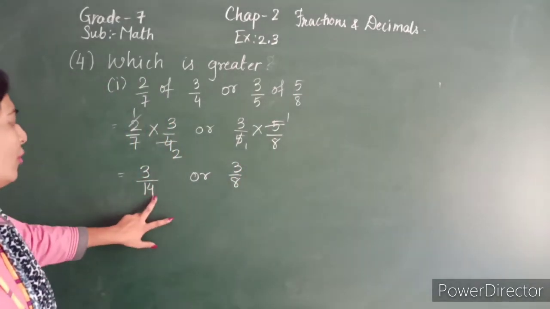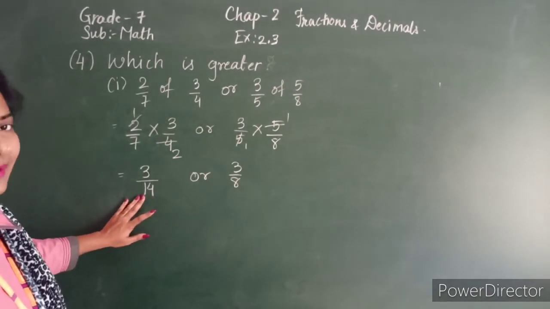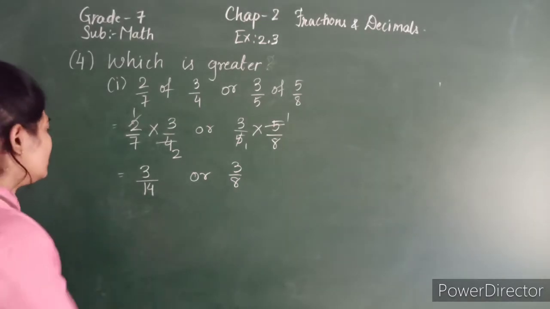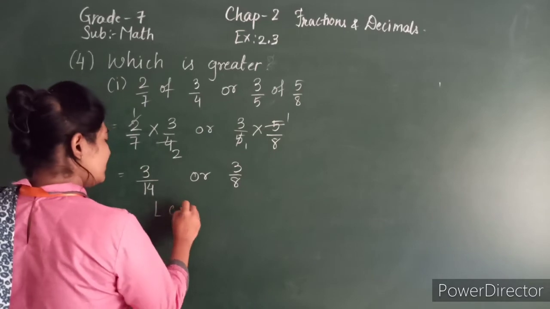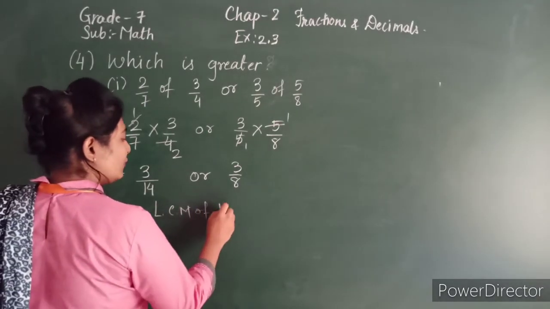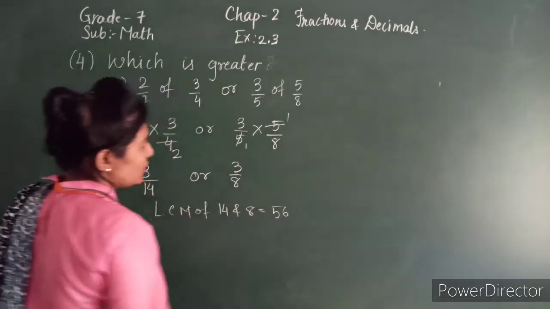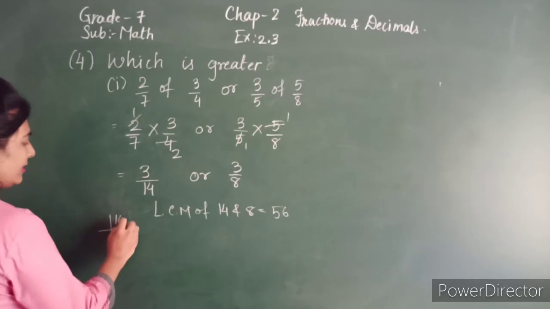Now look, both the denominators are different. So we have to take the LCM of 14 and 8. So LCM of 14 and 8 is equal to 56. So let's check the LCM of 14 and 8.